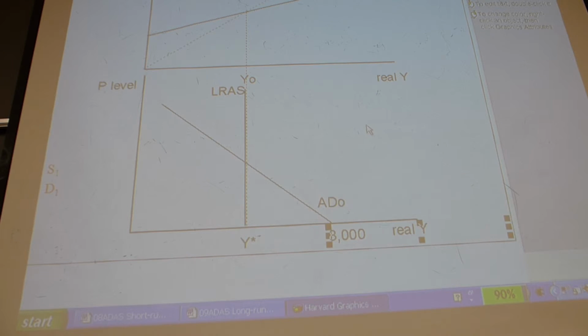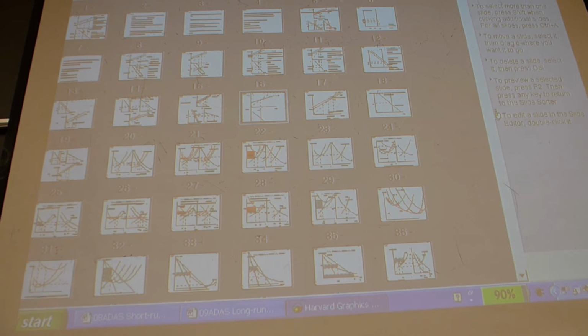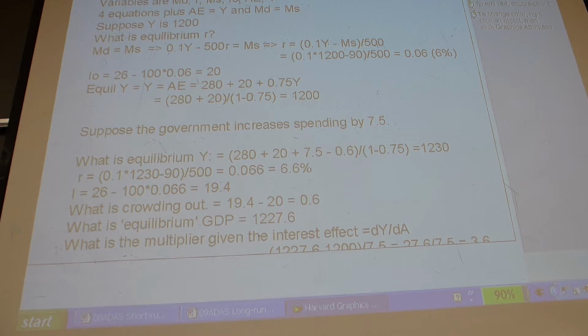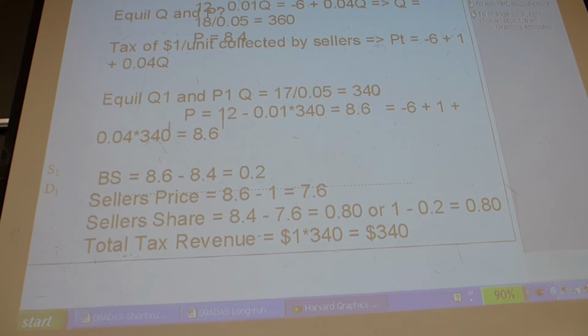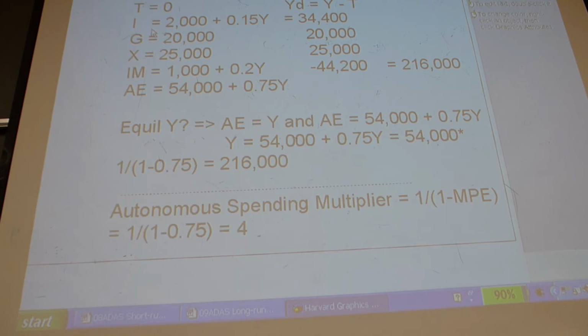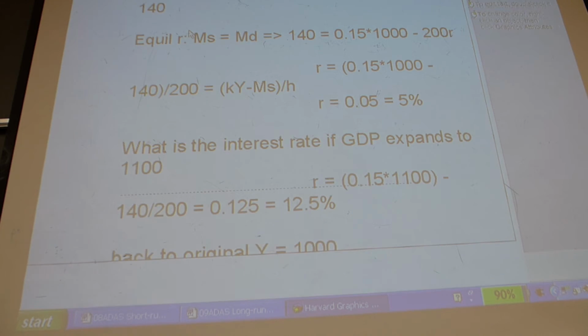Go back. Our initial point. Ooh, here we go. Sorry, I can't find it yet.